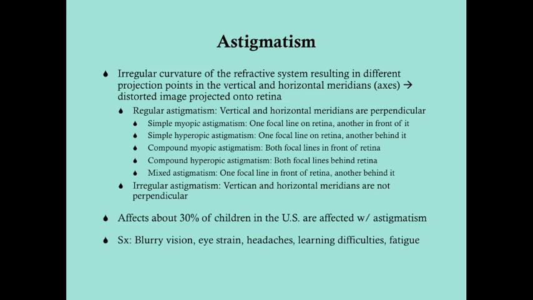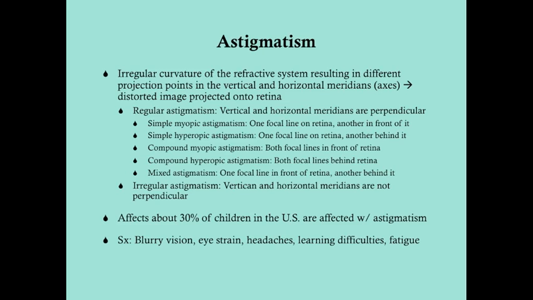But remember that things are projected onto your retina in 2 dimensions. And so with astigmatism, what it's based off of is that you can have irregular curvature of that refractive system in both dimensions, in both the vertical and horizontal dimension.